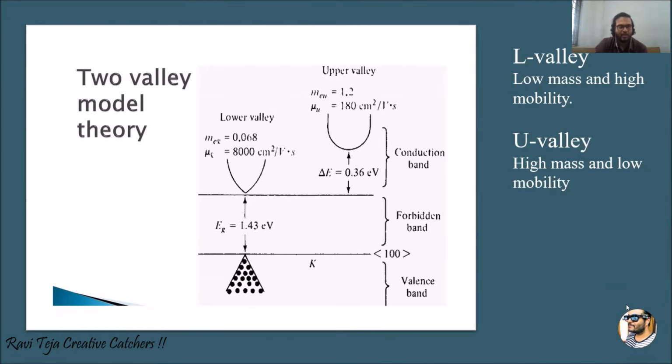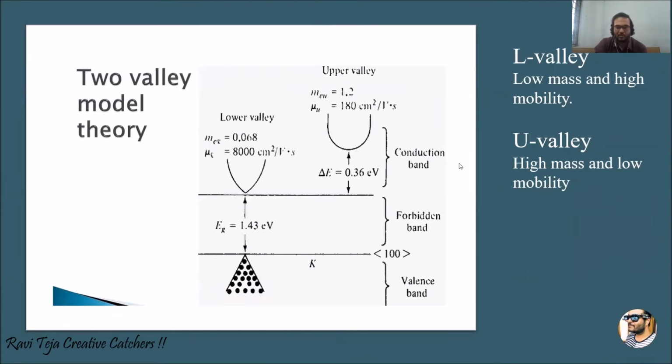So this is the two-valley model theory, which is a graphical representation of the points we have seen in the previous slides. Here, in this graphical representation, we have three bands. One is the valence band, the second is the third band we are talking about, the forbidden band, and the third is the conduction band.